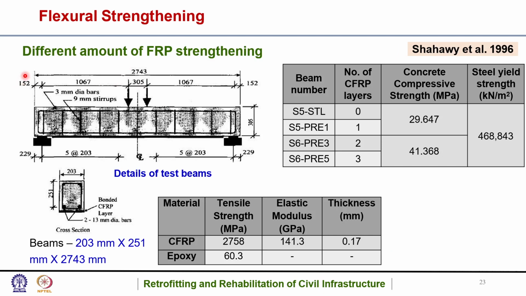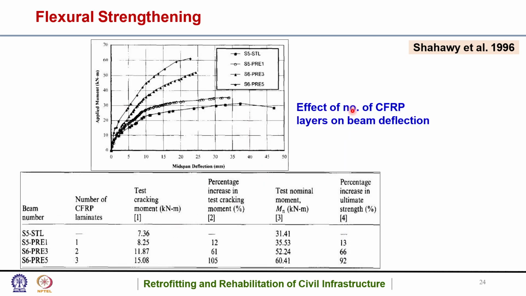So again, one more literature used different amounts of FRP strengthening. These are the details of the test beams used and various characteristics of the materials used. Here also, if you see the effect of number of CFRP layers on beam deflection, they had different layers being used.